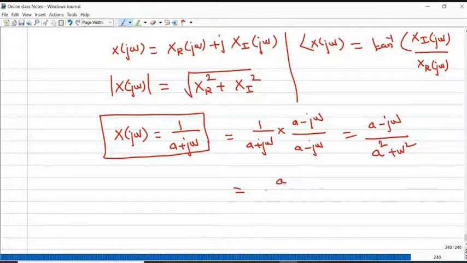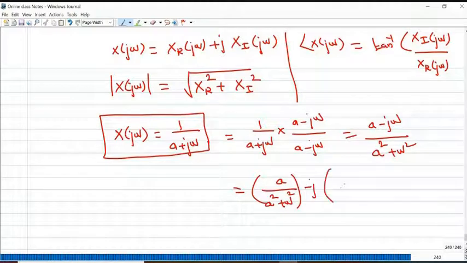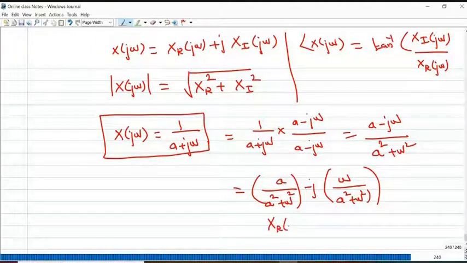Now the real part is a divided by a square plus omega square. The imaginary part is minus omega divided by a square plus omega square. This is your Xr of j omega, and this part is Xi of j omega. Now you have a clear idea. So root of Xr square plus Xi square, and tan inverse of imaginary part divided by real part.